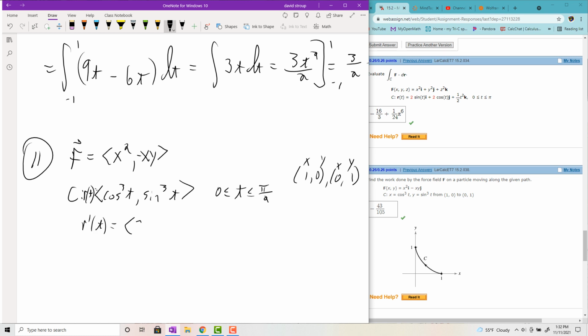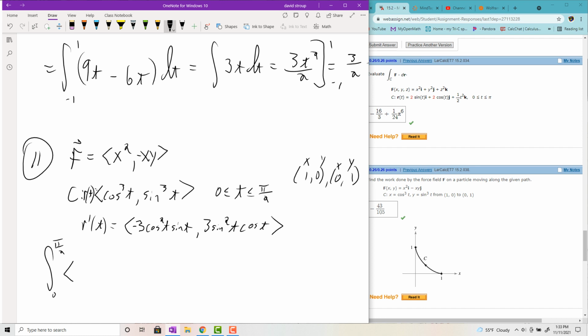Power rule and then chain rule: -3 cosine squared t sine t, and 3 sine squared t cosine t. Dandy. So my integral will become the integral from 0 to pi over 2.